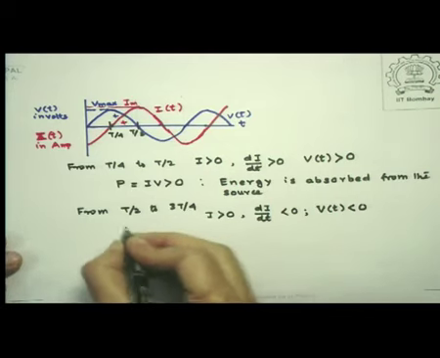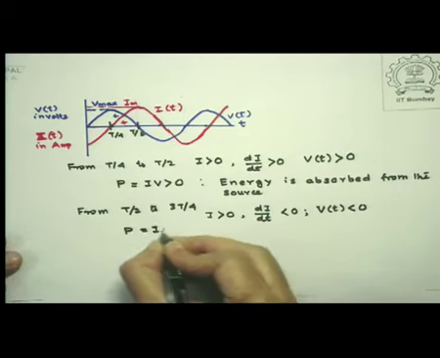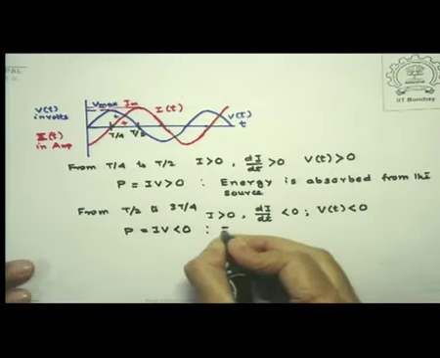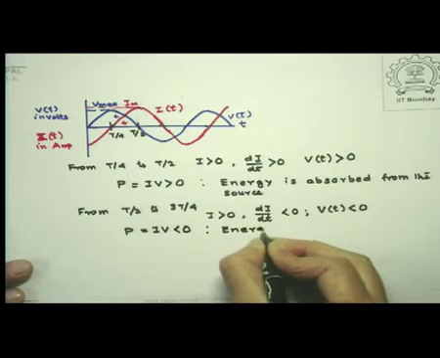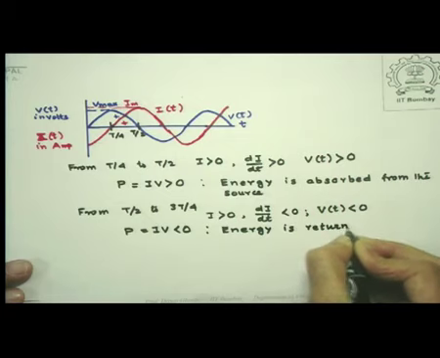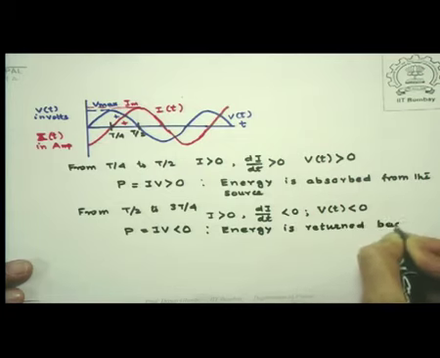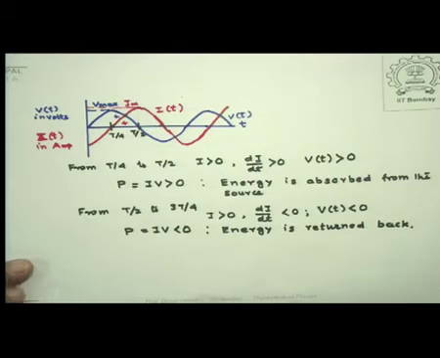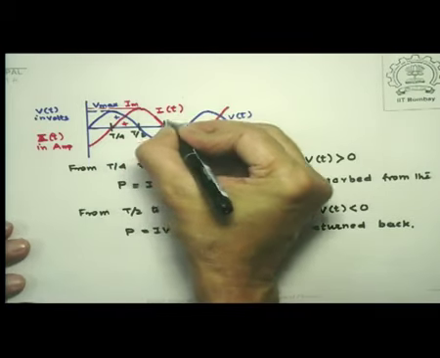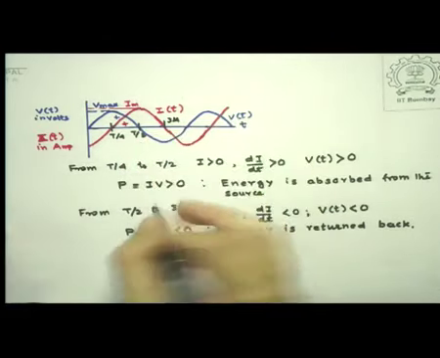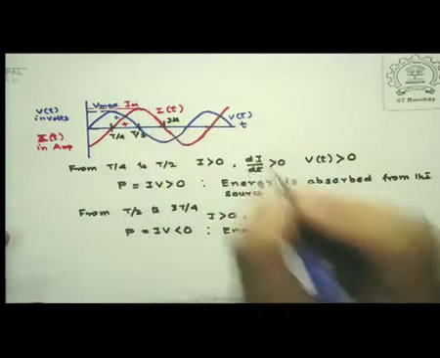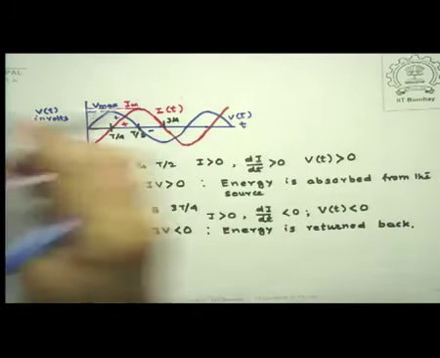So power P, IV, is less than 0, which means the energy that was absorbed in the previous quarter cycle is returned to the source. So this was my 3T by 4. In this section, as we have seen, my voltage is negative, current is positive.